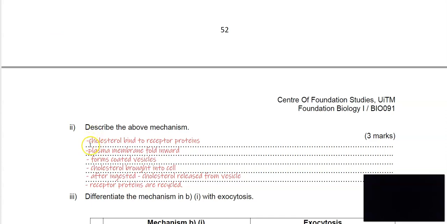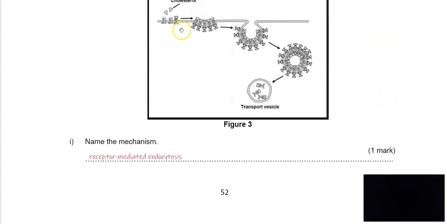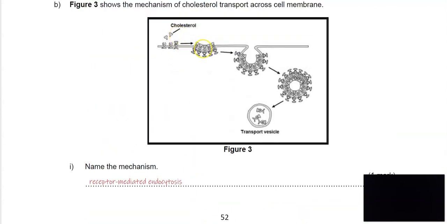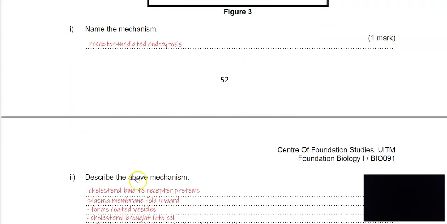For the first point, cholesterol, or the ligand, is the chemical molecule that binds to the receptor protein. In this question, the cholesterol, or ligand, binds to receptor proteins found on the plasma membrane, facing the extracellular fluid side.